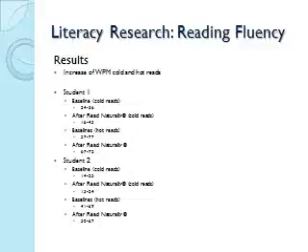The results of this study showed an increase of words per minute in both the cold reads and hot reads. Student 1 had a baseline of cold reads in the range of 24 to 36. After the Read Naturally program, the cold reads showed a range of 16 to 45.